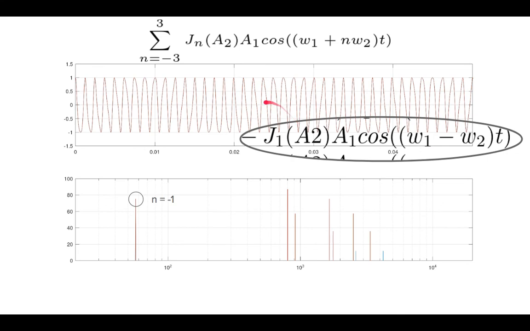The coefficient is a little different. The coefficient is what's dictated by the Bessel function, but the frequency is the same. It's 56 hertz. So this is another way that you can generate an undertone with intermodulation distortion, a different type of intermodulation distortion, but both amplitude modulation and frequency modulation can produce these undertones.